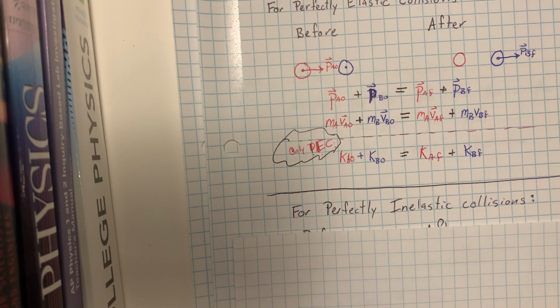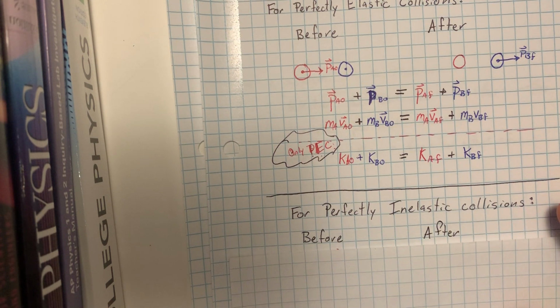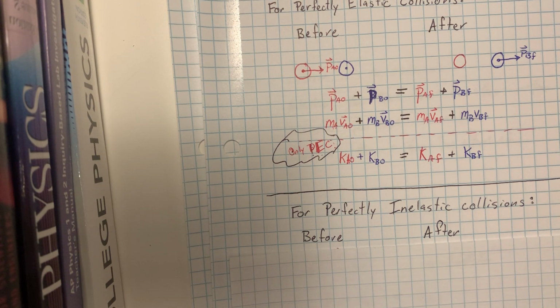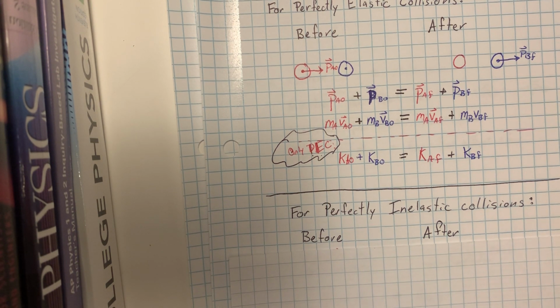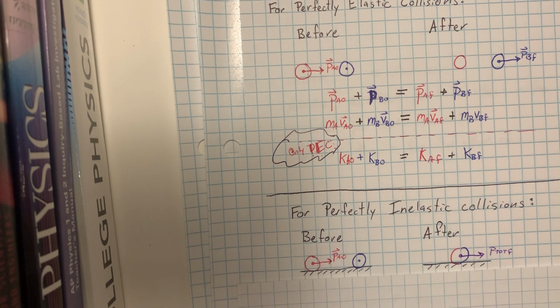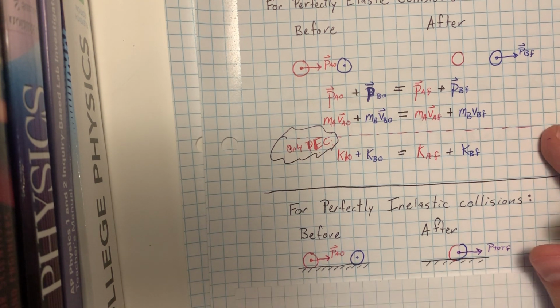For perfectly inelastic collisions, we can think about the same thing, but inelastic collisions are sticky collisions. If one's moving before and one's at rest, afterwards they're both going to be moving, right? They come together and stick together. Two train cars coupling together is an example of an inelastic collision.